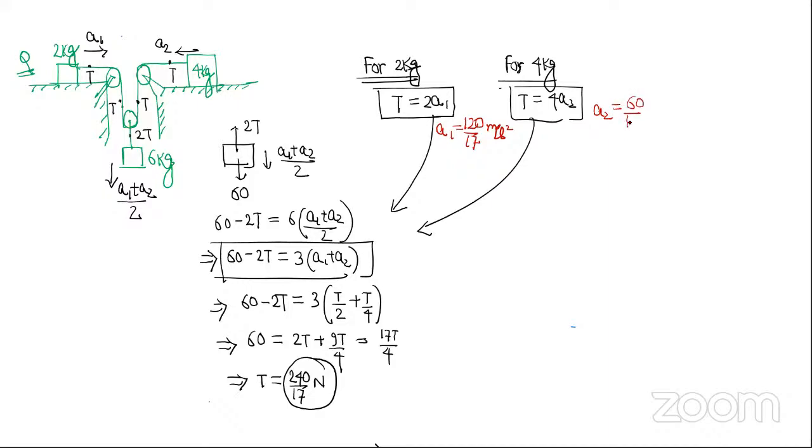This is 60 by 17. And for this 6 kg, this will be 120 plus 60, 180 by 2, that is 90 by 17. These are the answers.